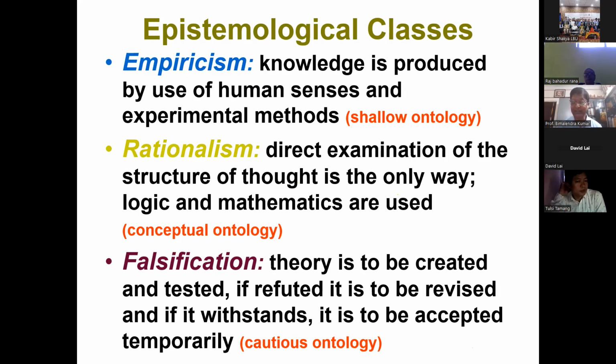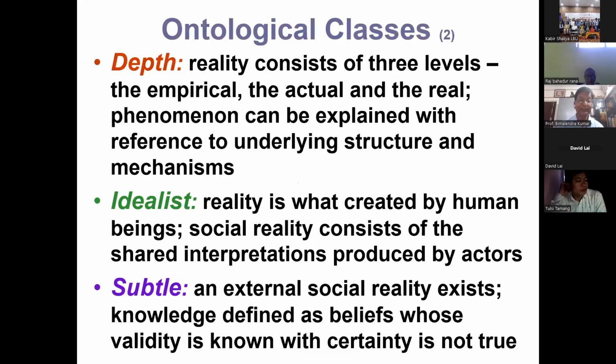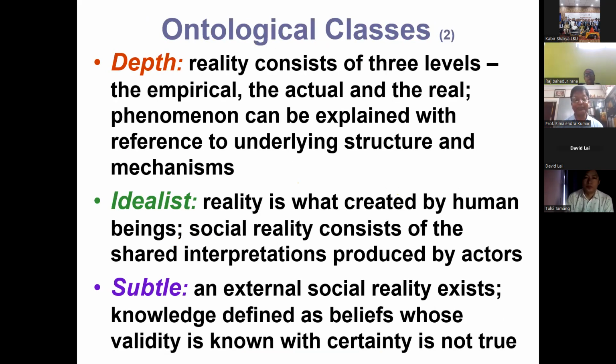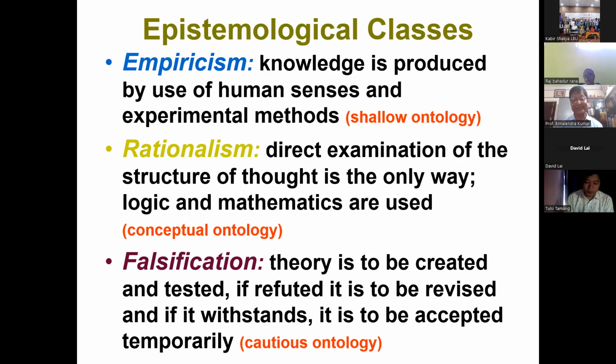So here there is a conceptual ontology, that is the reality exists independently of the human mind. It can be known only by the human capacity of thought and reason. So this can be applied here in rationalism.